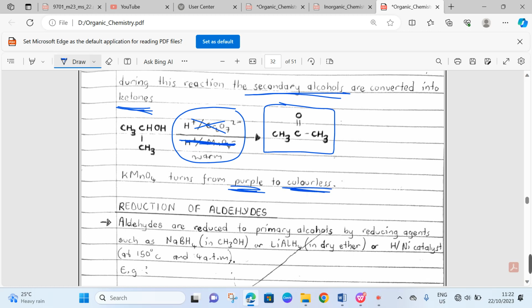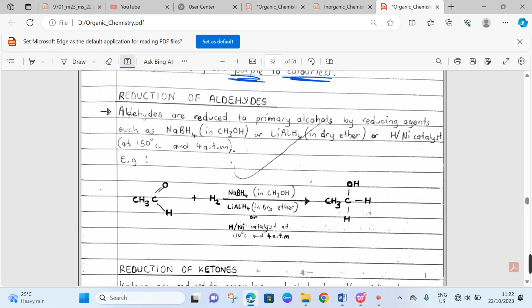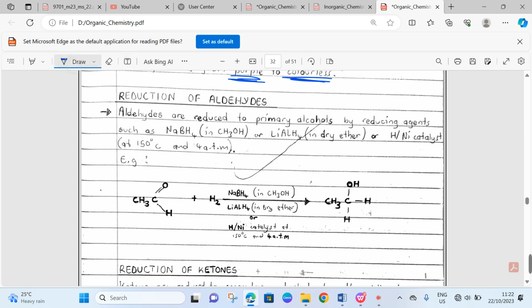Now let us talk about reduction of aldehydes. Remember, to produce the aldehyde, we had oxidized an alcohol. So if you are now reducing it, you're reversing the oxidation reaction back to the alcohol. So aldehydes are reduced to primary alcohols by reducing agents such as sodium borohydride in methanol, lithium aluminium hydride in dry ether, or hydrogen over a nickel catalyst at 150 degrees Celsius and 4 atm.